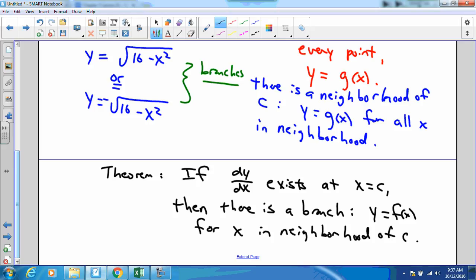And I'm not going to prove this theorem. I think it requires more apparatus than we have just yet.